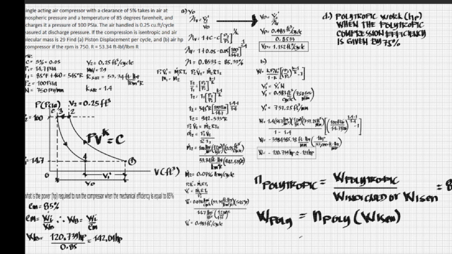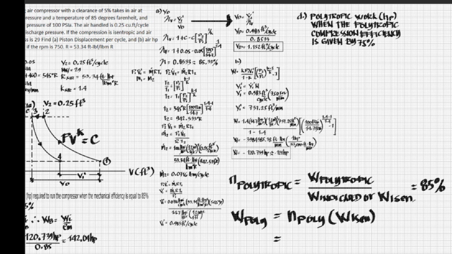So substituting the values here, we have the n of polytropic, so that will be, sorry, this is not 75. So let me erase this one and rewrite this one. This is 75%, sorry, 75% coming from there. So we have 0.75 work percent, then multiply by isentropic.